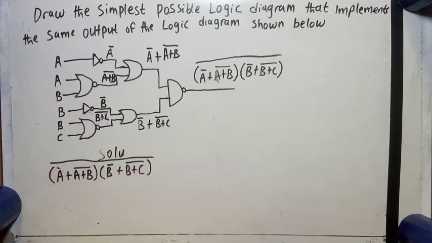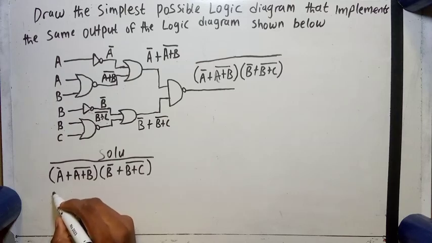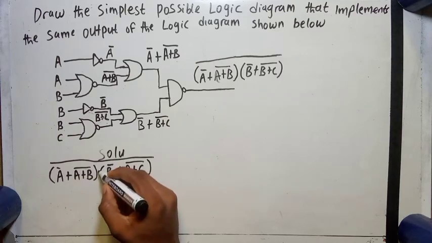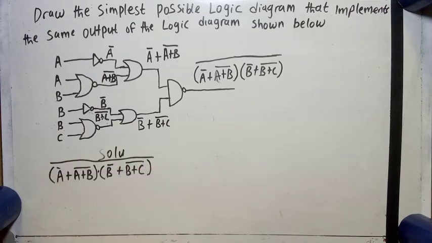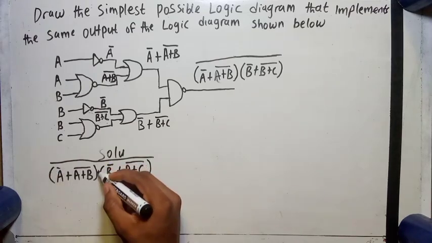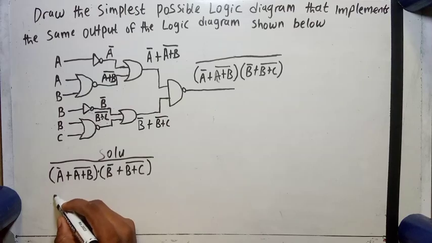To reduce this, the first thing we'll be doing here will definitely be using De Morgan's law. For us to split these two brackets into two, De Morgan says that if you're having multiplication and you are complementing everything, if you are to separate the two of them, this multiplication will change to plus. So this is his second rule.